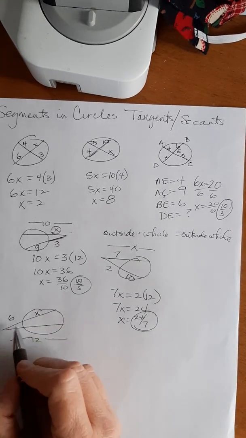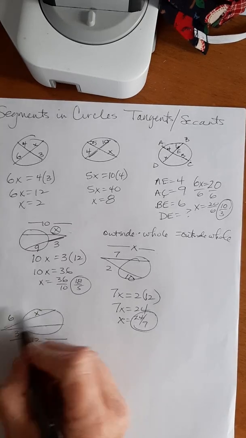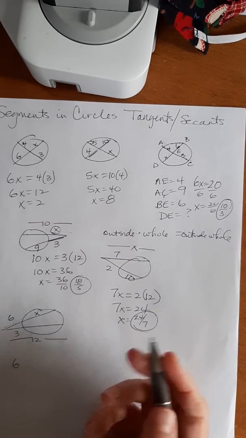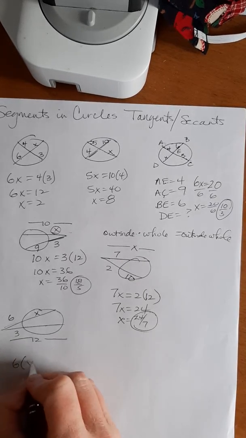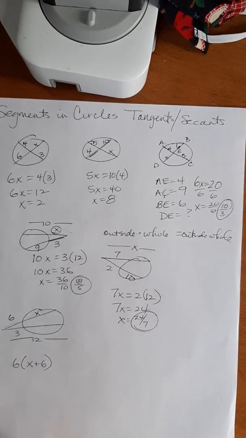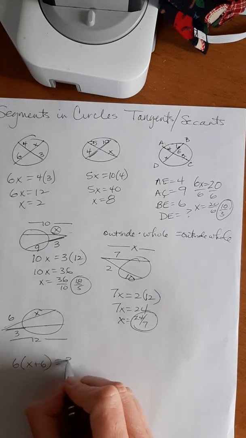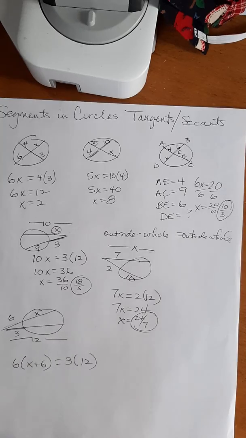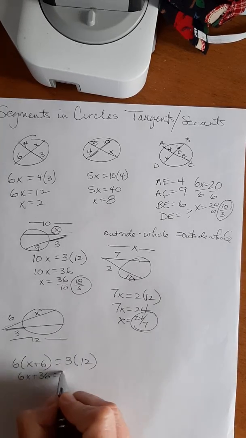Because it's the outside times the whole, which we don't have the whole. Now you can do one of two things. You can say x plus 6 equals outside times a whole, and solve your little mini equation by distributing.